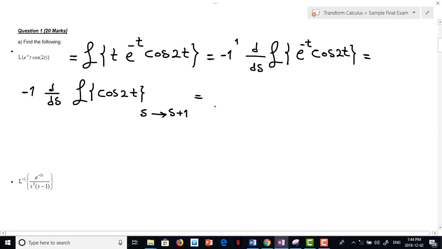So it's equal to minus d over ds of the Laplace transform of cosine 2t, which I know is s over s squared plus 4, but I have to replace s by s plus 1, so it's going to be s plus 1 divided by (s plus 1) squared plus 4. Now we have to just take the derivative of this function. If you take the derivative of this function, we have 1 minus here, over the denominator squared.